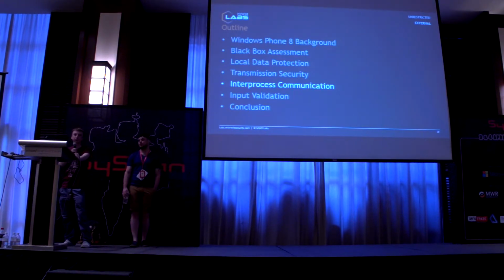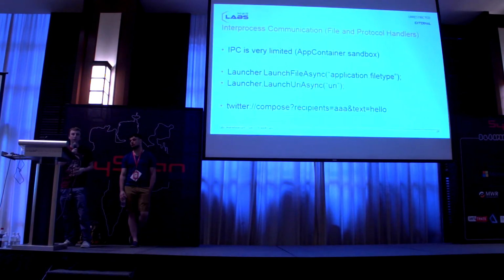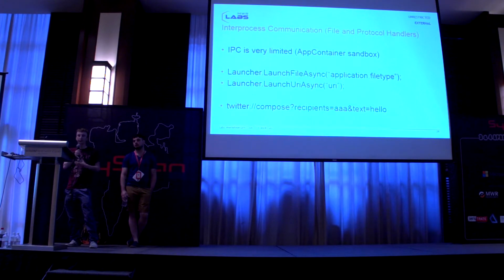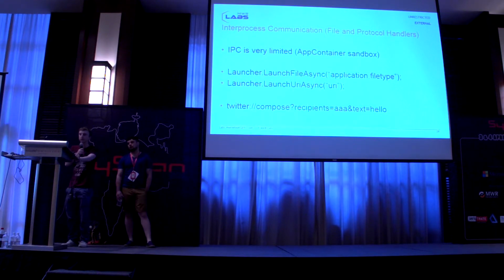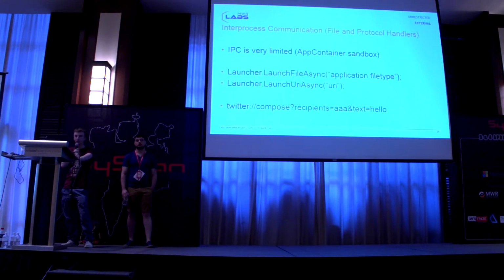So the next thing is interprocess communication. Interprocess communication on Android has been a huge source of security vulnerabilities in Android applications. For a lot of Android applications, the attack surface is significant, because of the IPC endpoints which are actually exposed.